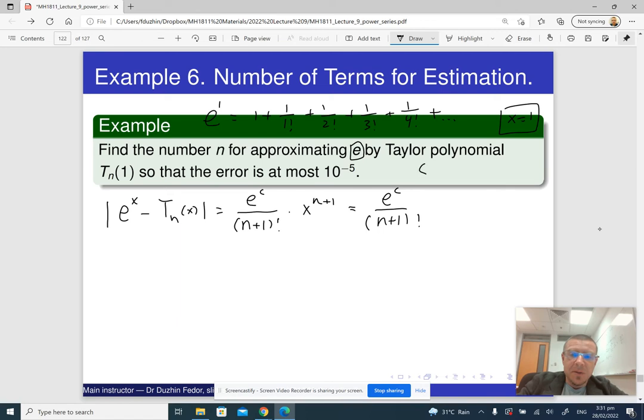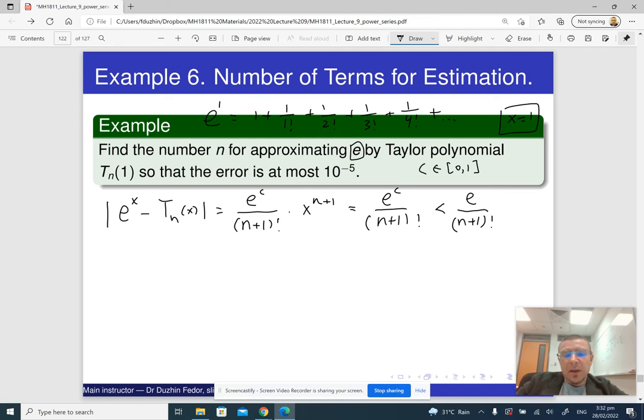And again, c is a number between 0 and 1. Now we don't know what the number is actually, but we do know that it is between 0 and 1. So which means that the error is definitely less than e to the power 1 divided by n plus 1 factorial.